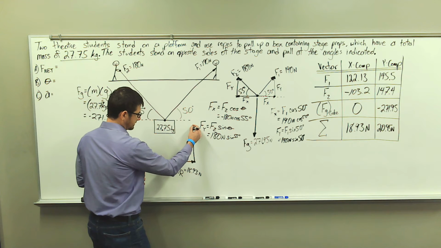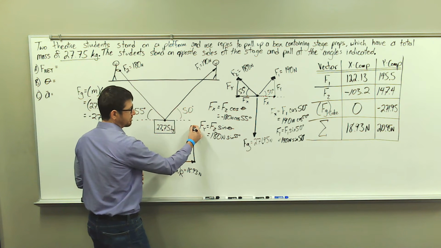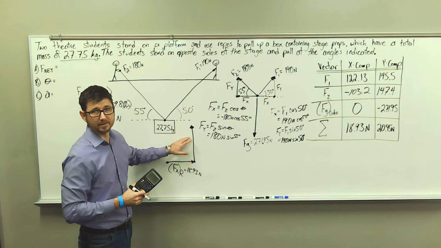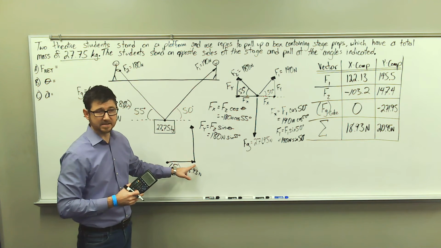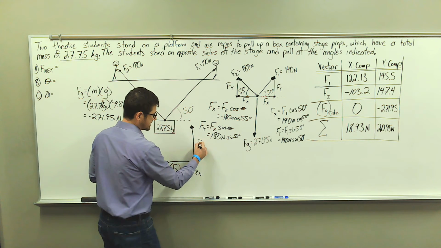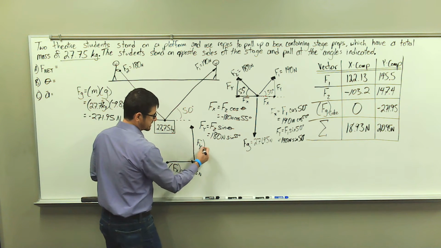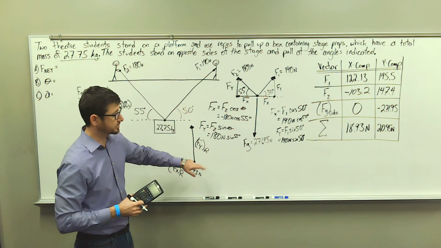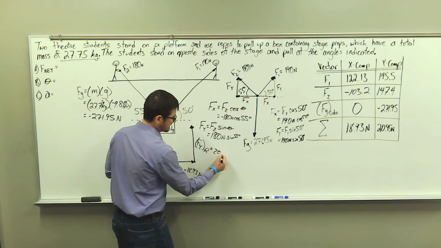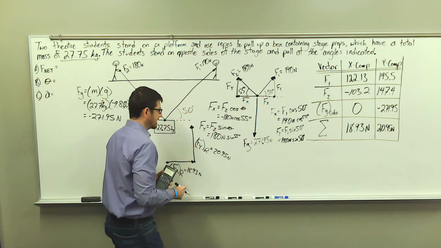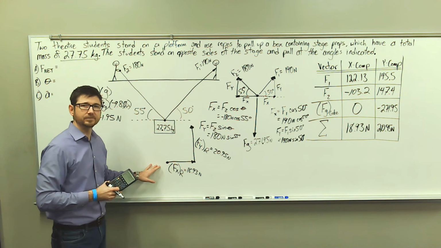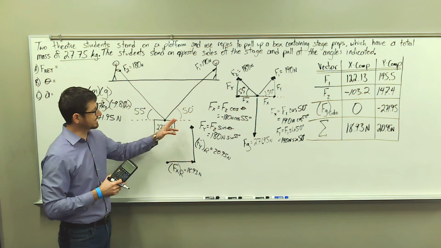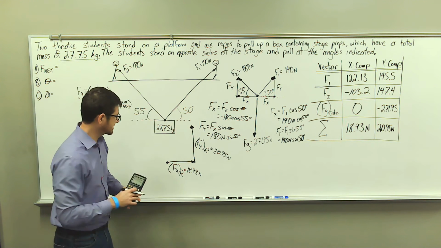For my y component, we're using the head to tail method, so I'm going to place the tail of my y component vector on the head of my x component vector, and this is F sub y sub r. The y component of my resultant vector is 20.95 newtons. Remember that the resultant vector is going to begin on the tail of the first vector and end on the head of the last vector.